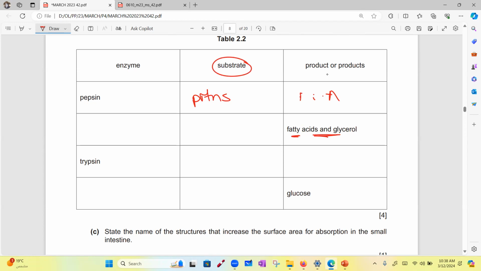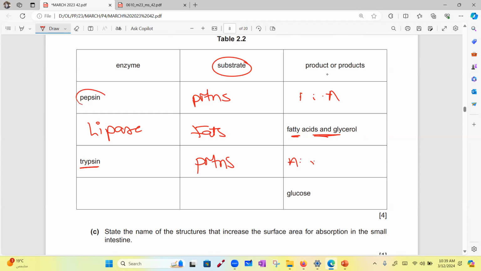What is the enzyme that breaks down a substrate to give fatty acid and glycerol? What's the name of the enzyme? Yes, lipase. Of course. What does it break down? Fats into fatty acids and glycerol. Yes, trypsin. Again, they're trying to confuse you. Exactly like pepsin, it breaks down proteins into amino acids.